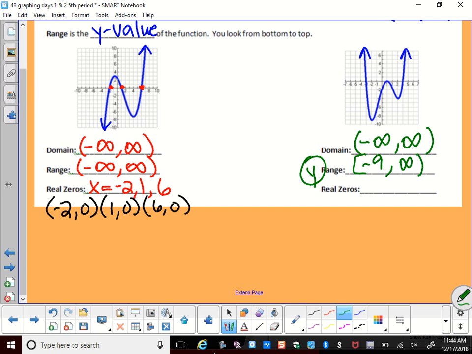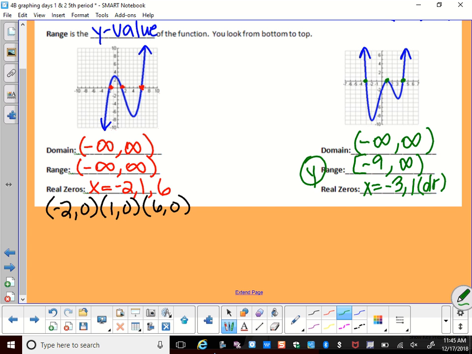Okay, my real zeros. I have 4 real zeros here. It looks like I have 3, but I have 4. So x equals what? What's my first zero that I see? Negative 3, and then what? 1, but that 1 is a double root, remember that? And it's a double root because it doesn't go all the way through the line. Because this zero here does not go all the way through, that means it's touching it twice.